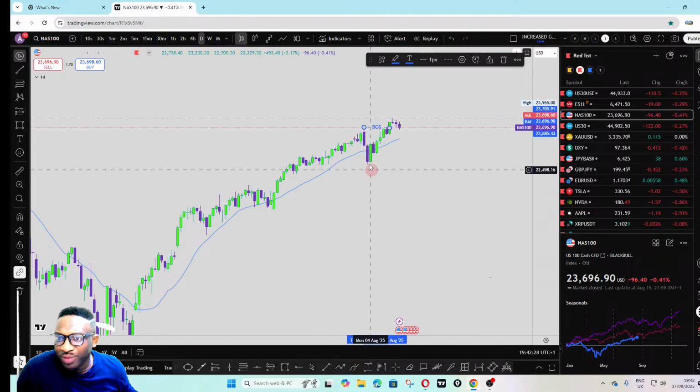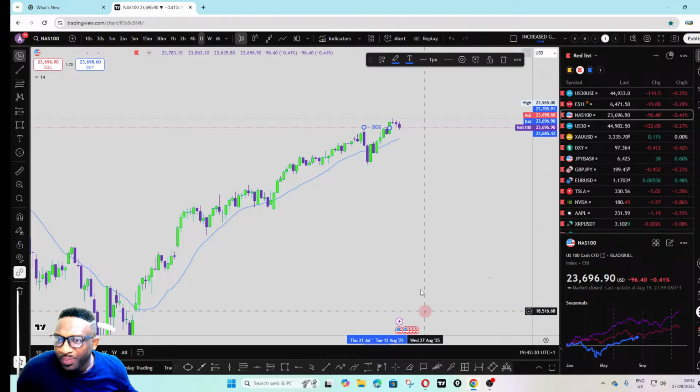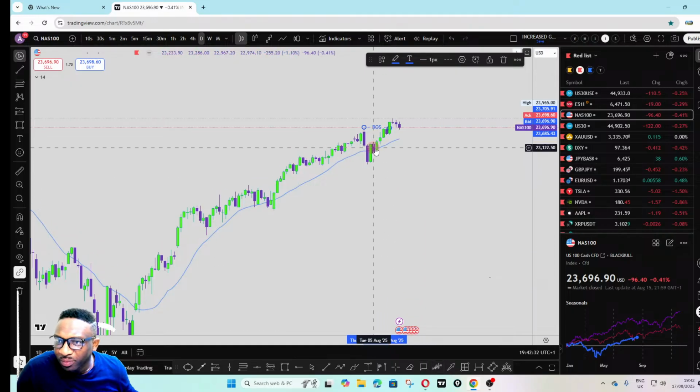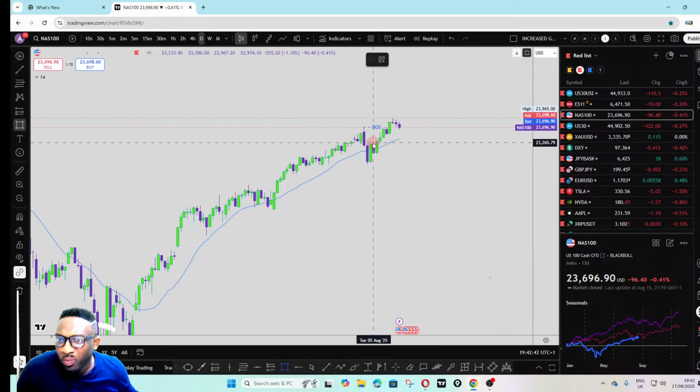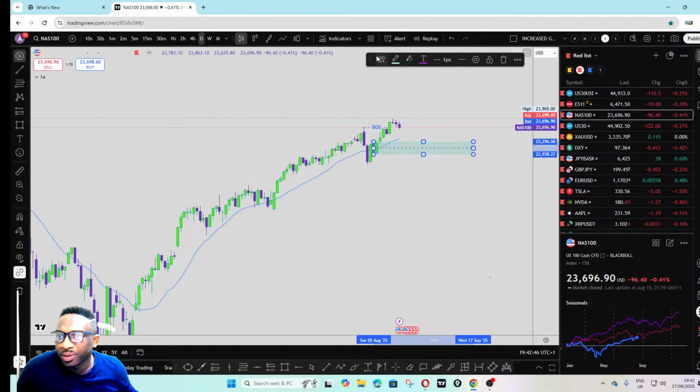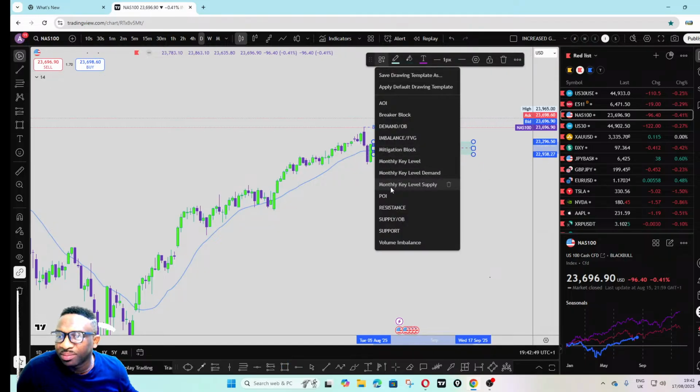So with this break of structure, the origin, we can say right from here, this is on the daily time frame, so this pullback is quite a retracement. So we can say the origin is somewhere here, somewhere there. Demand.